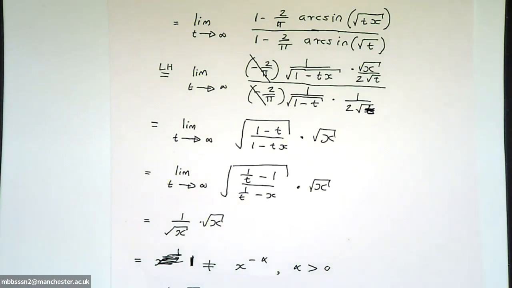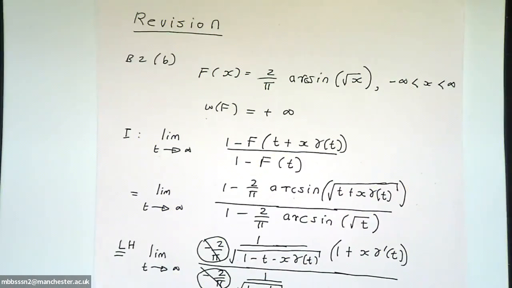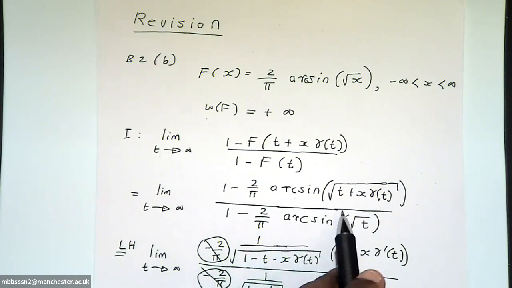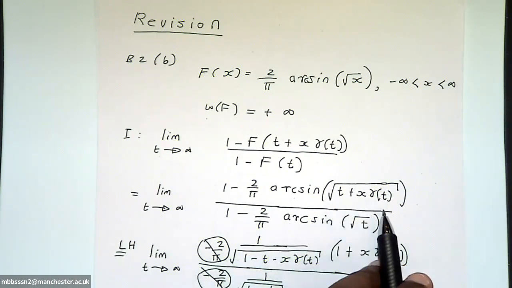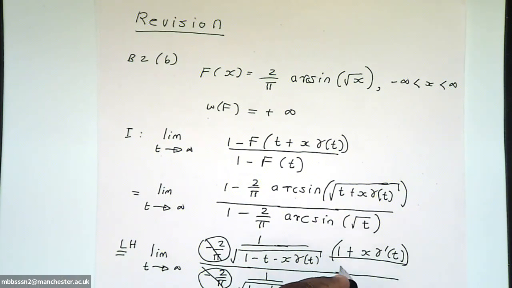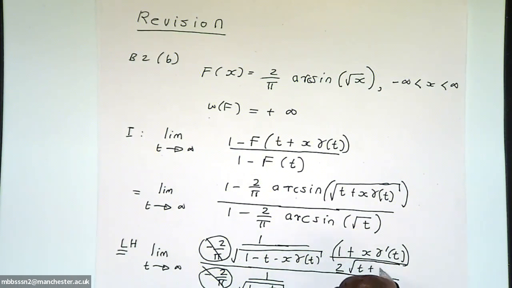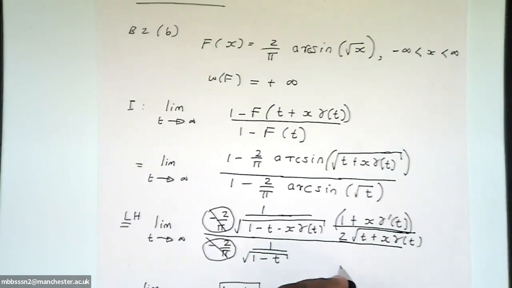And also in the first part, I think I made the same mistake. For condition 1, when you differentiate this, thank you, Rob, for pointing this out, you get this, and then when you differentiate this, there should be a 2 in the bottom, and the same thing here.